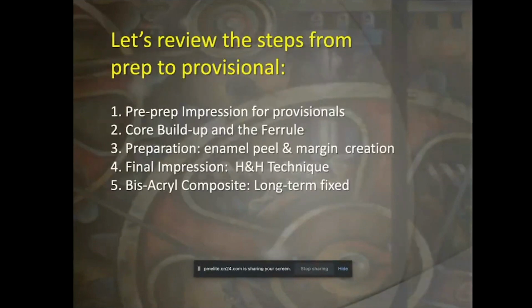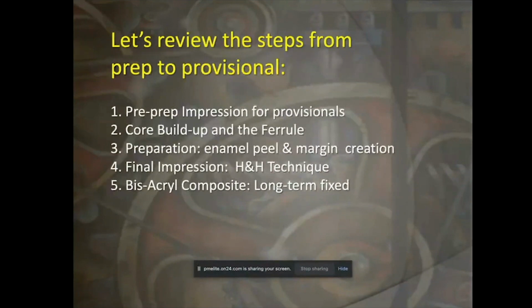So let's review the steps from prep to provisional. So we have the pre-prep impression for provisionals. And what the pre-prep impression means is that we're taking an impression prior to preparing the tooth or teeth involved. And that's important because we want to have something stable and ready that mimics the original teeth prior to working on them.